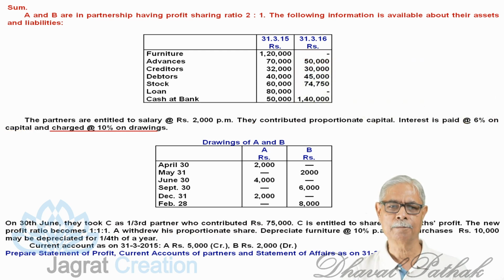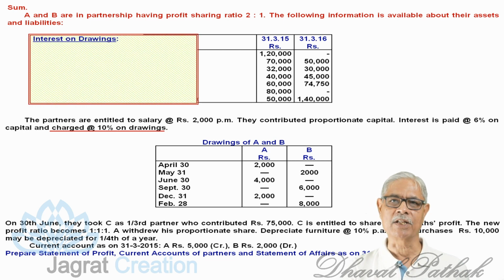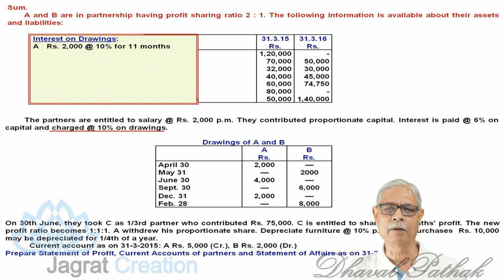Interest on drawings, 10%. So A has withdrawn 2,000 on 30th April. So on 2,000, I will calculate interest on drawings at the rate of 10% for 11 months. How 11 months? He has withdrawn on 30th April.